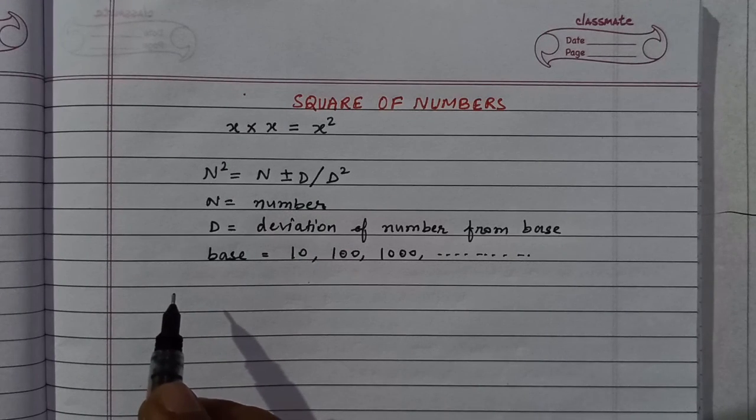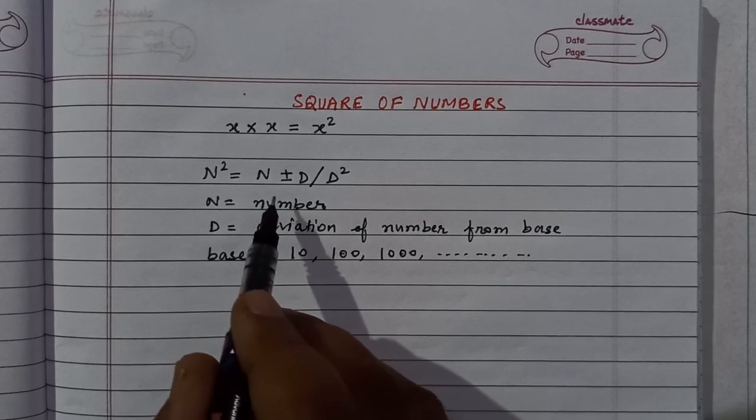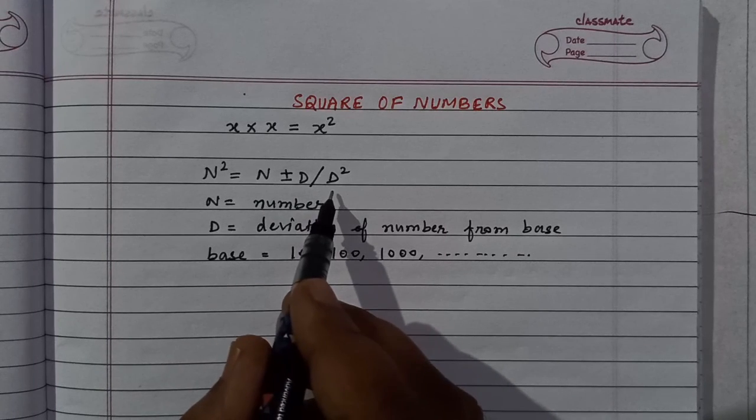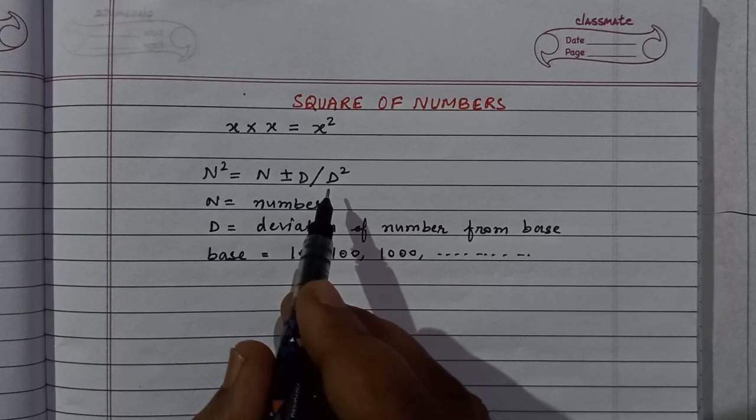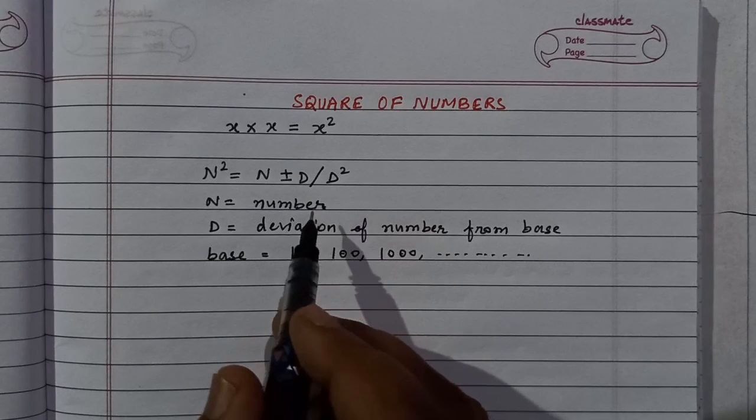In this method, the answer has two parts, left part and right part. In the right part, we keep the same number of digits as the number of zeros in the base.